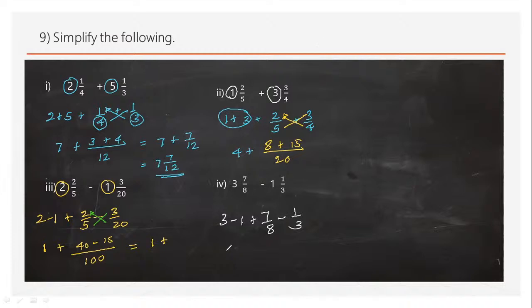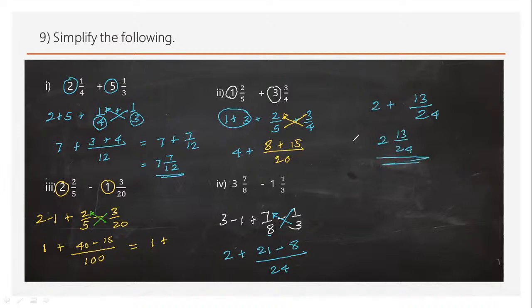Now 3 minus 1, 2 plus 3 times 7, 21 minus 8 times 1, 8. 8 times 3, 24. Then you can write 2 plus 21 minus 8, that is 13, right? It's 13 over 24. So you can write the answer 2 and 13 over 24.